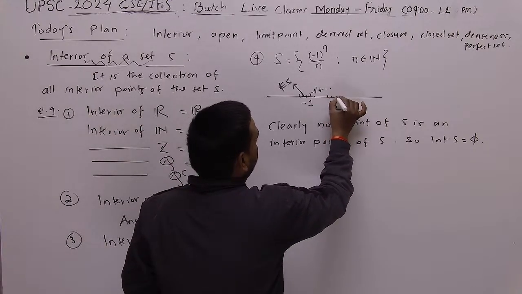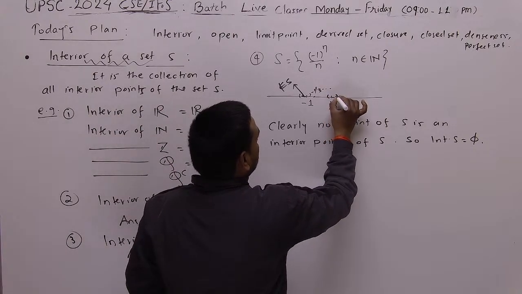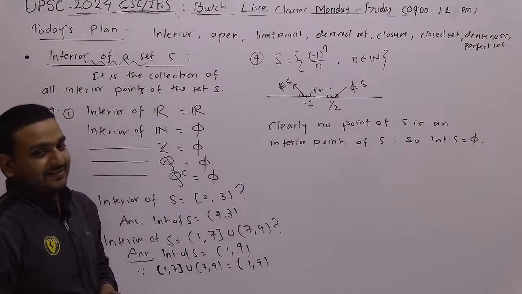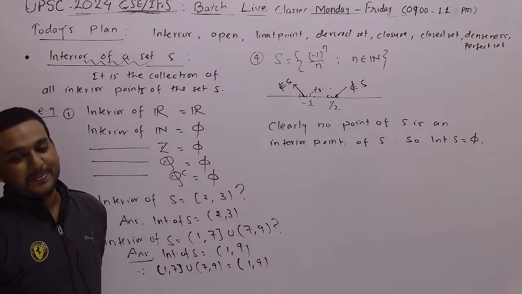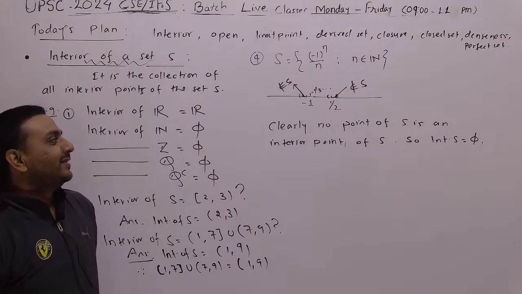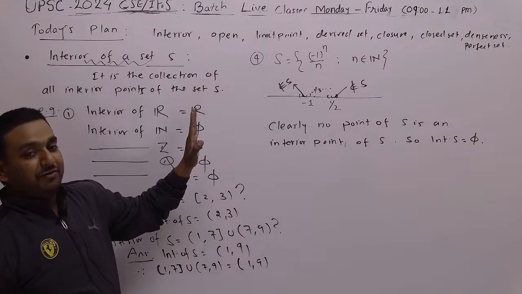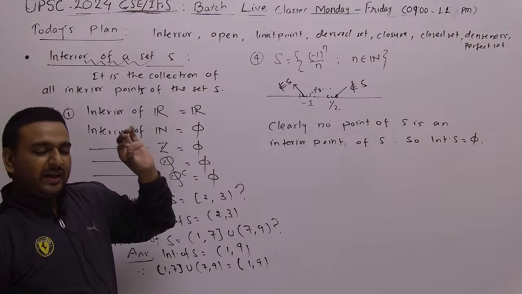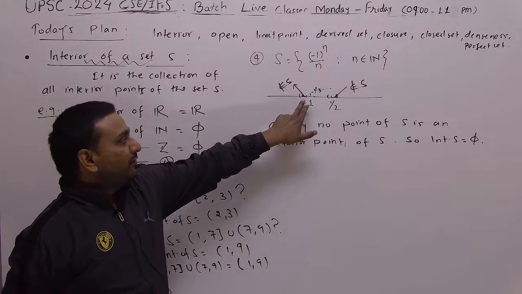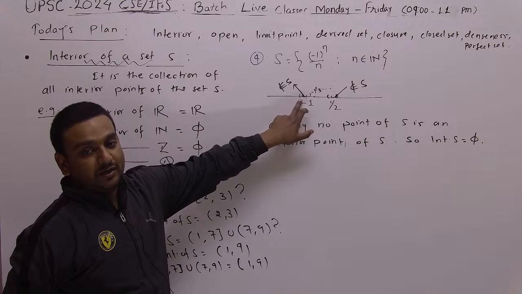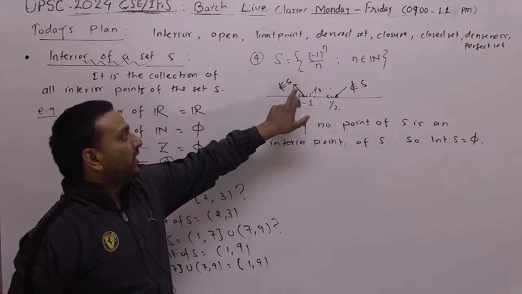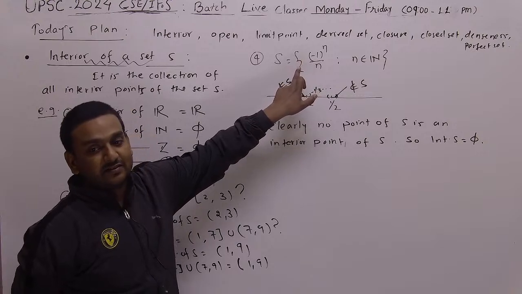Any ball if you take here, these points are not in S. Take it easy, without any stress. Whatever small radius you take to the left of -1, these left points will also be in the ball, but those left of -1, those points are not inside the set S.